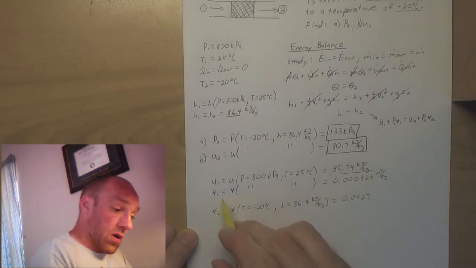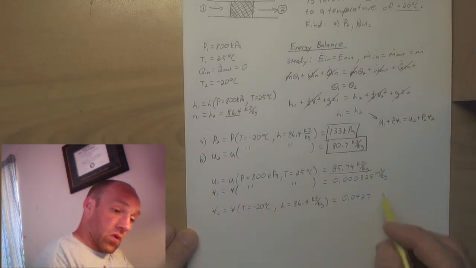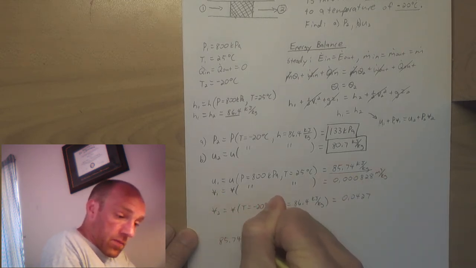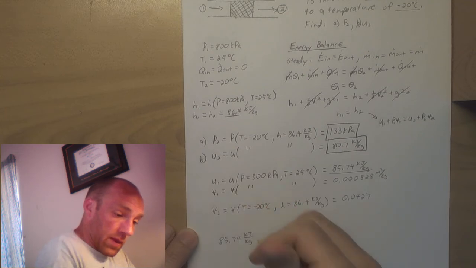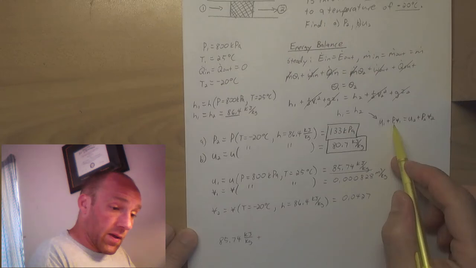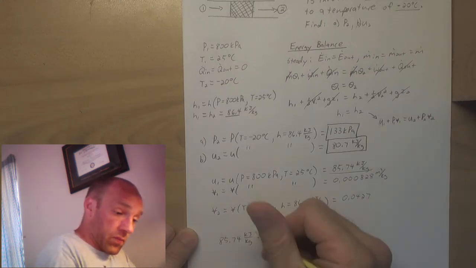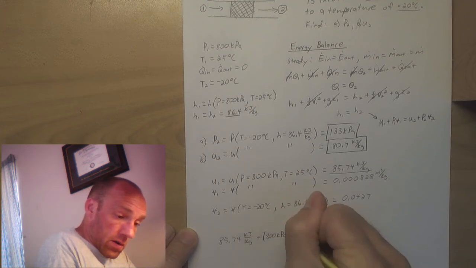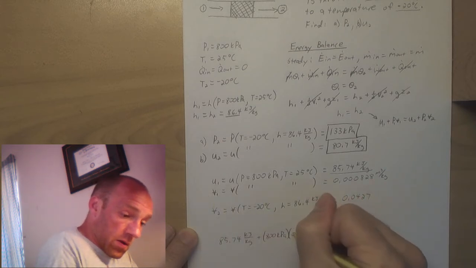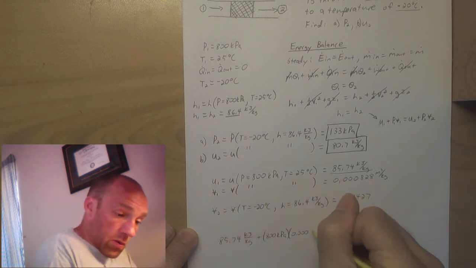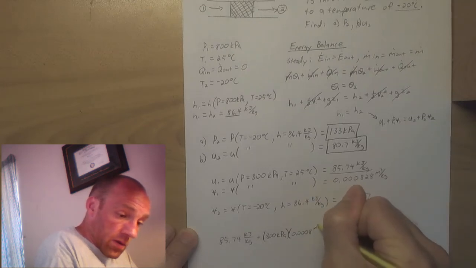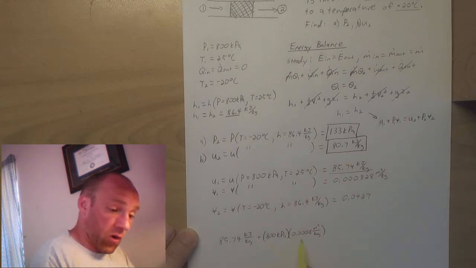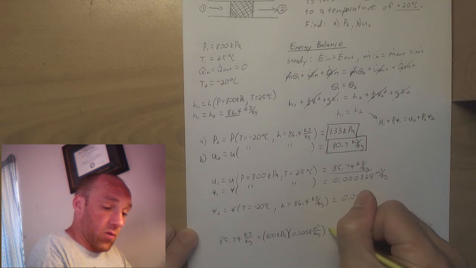On the left-hand side, I have U1 plus the flow work, the product of pressure and specific volume.